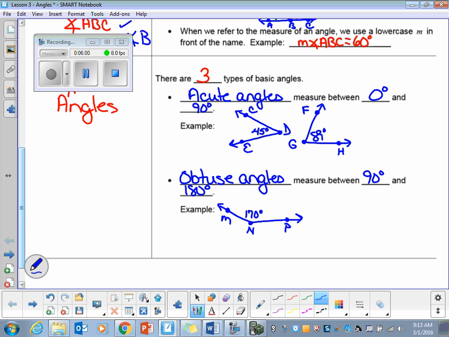Or I could have, let's see, that was an acute. I don't want that. I want just a little bigger. I could do 120 degrees for X, Y, Z.